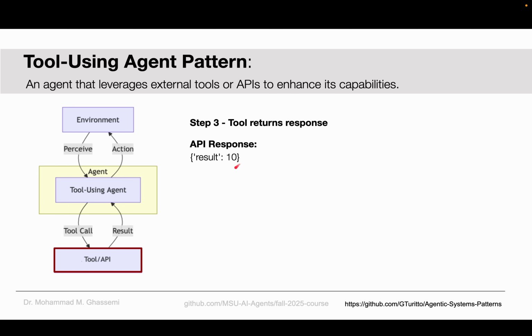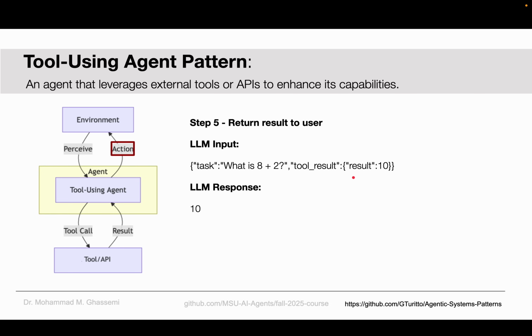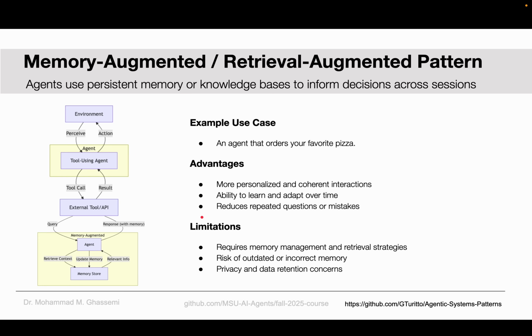Let's say the result is hopefully 10 if it's a calculator API. And then we'd pass that result back to the LLM. So the task was, what was the tool? The tool result was 10. And this informs what we return back to the user, 10. Okay, so that's a concrete example of a tool use pattern.